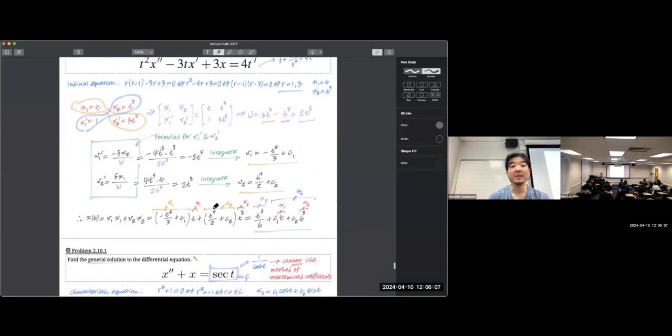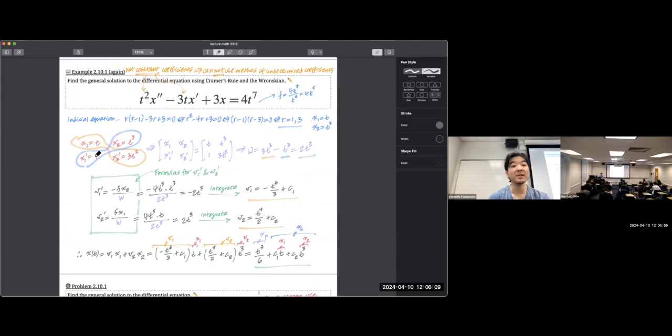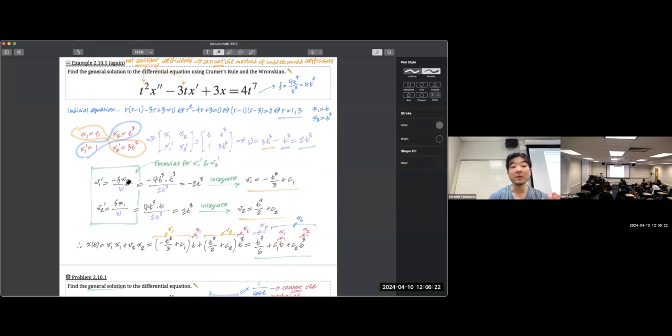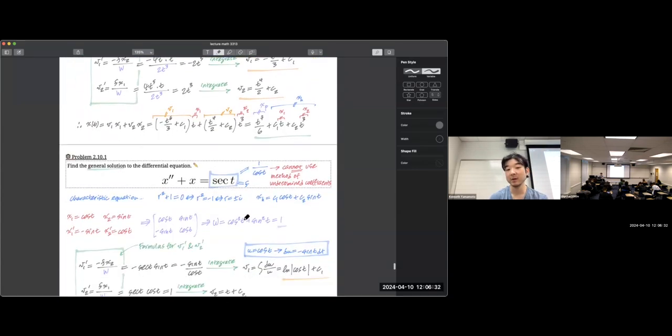The Wronskian is defined as the determinant of the matrix with x1, x2 on top and x1 prime, x2 prime below, and that determinant goes in there. The proposed solution is built off of x1 and x2, where v1 and v2 are equal to these, and it's designed to satisfy the differential equation.